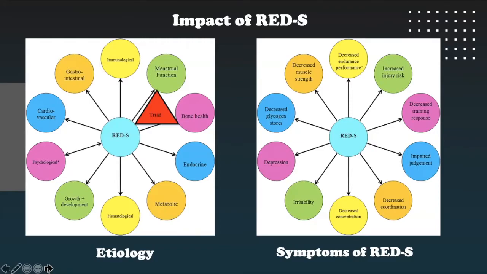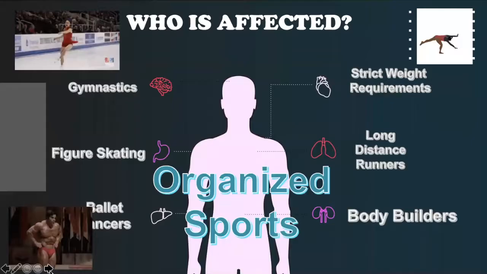And some of the symptoms of REDS on your right could be depression, irritability, decreased glycogen stores. Glycogen is found in your muscles, and you need that in order to fuel your muscles to run, to jump, to not get sore. So you're also going to have decreased endurance performance, which can again impact the athlete's performance.